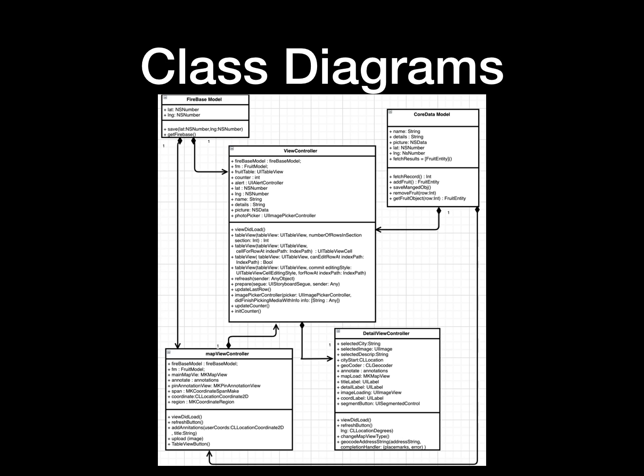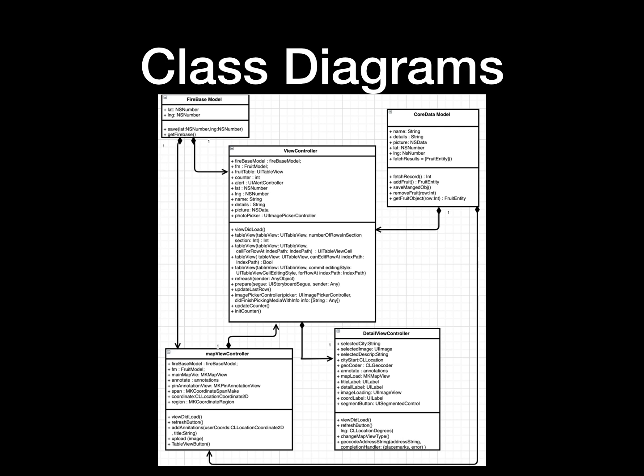And for the controllers, we have the view controller, which will be our table view, and we create a Firebase model as well as a fruit model in order to properly update the corresponding changes the user has made. And I make a UI table view, which will have multiple functions, which will handle the deleting and the adding.